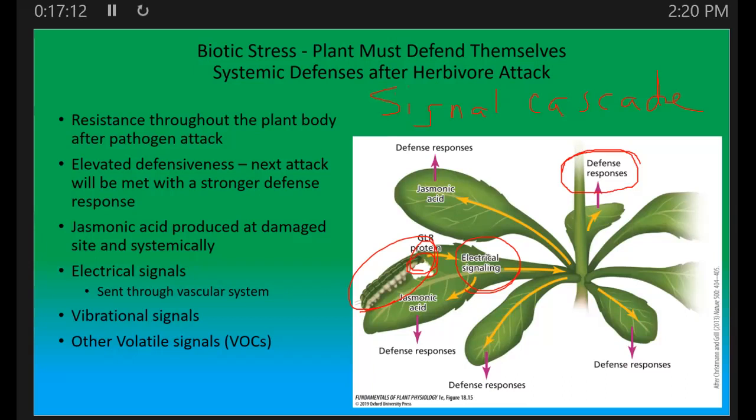If those leaves that are getting damaged send off a volatile that can go out the stomata, it can just float upward. And so they've been able to document that there are volatiles that are given off outside of the stomata and will rise up through the canopy. And so again, just ways to help with this whole idea of let's get our whole body primed and ready, because I can tell they're chewing on part of me.